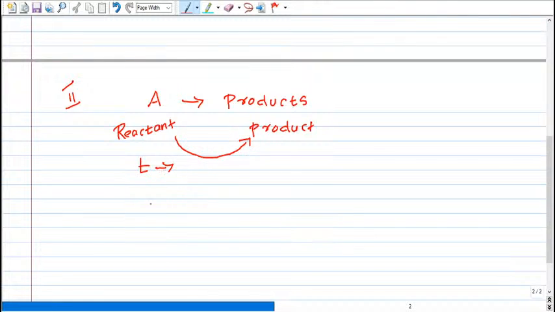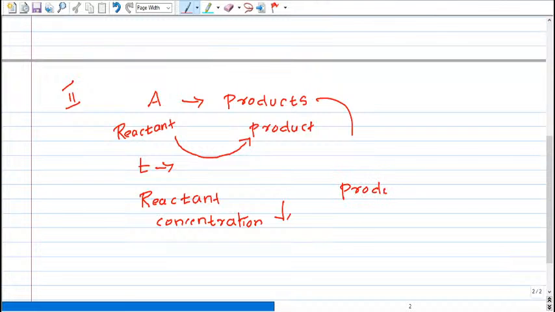So when the time goes on, the reactant concentration decreases. The concentration will automatically decrease. And what will happen to the product? The product concentration will increase. When will it happen? When the time extends, when the time moves on.